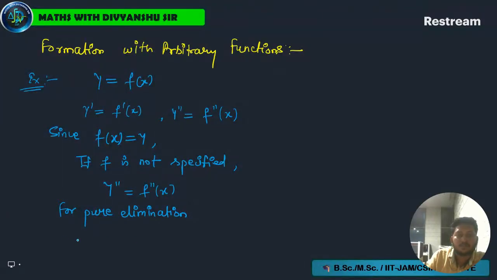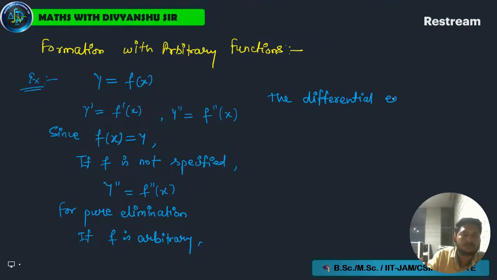If f is arbitrary, the differential equation simplifies to d2y upon dx square equal to arbitrary.